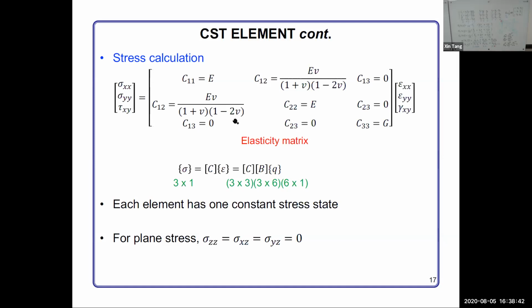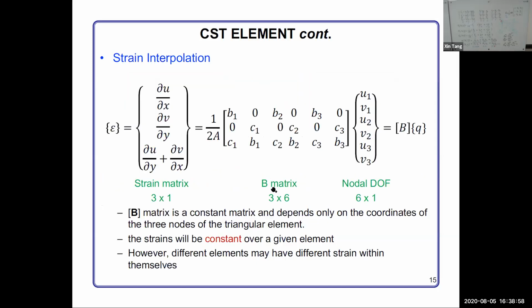Now, this is called the C matrix, the elastic matrix. Given the C matrix, it can be multiplied with the strain matrix. The strain matrix equals B times Q, right?